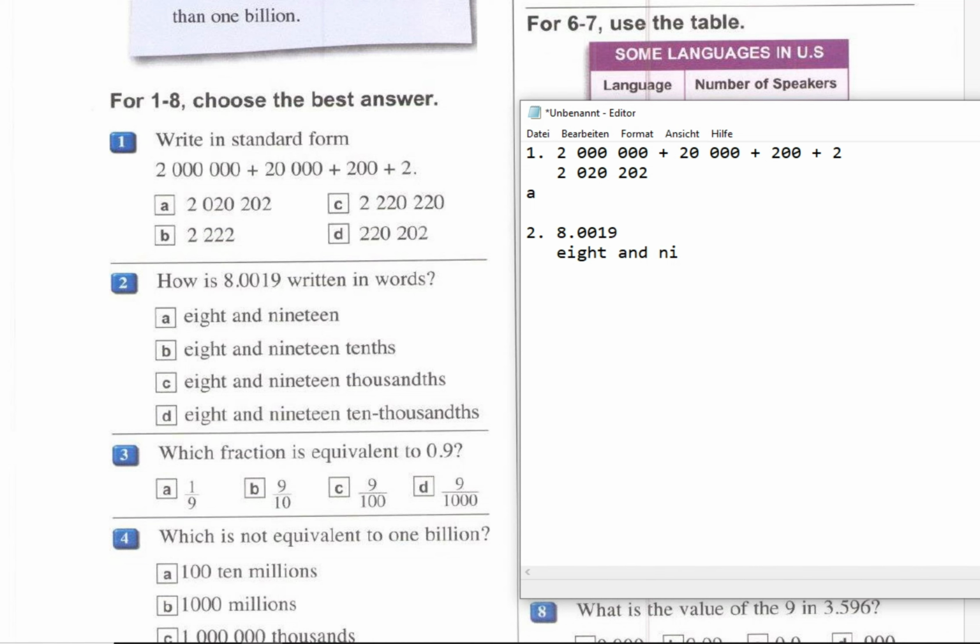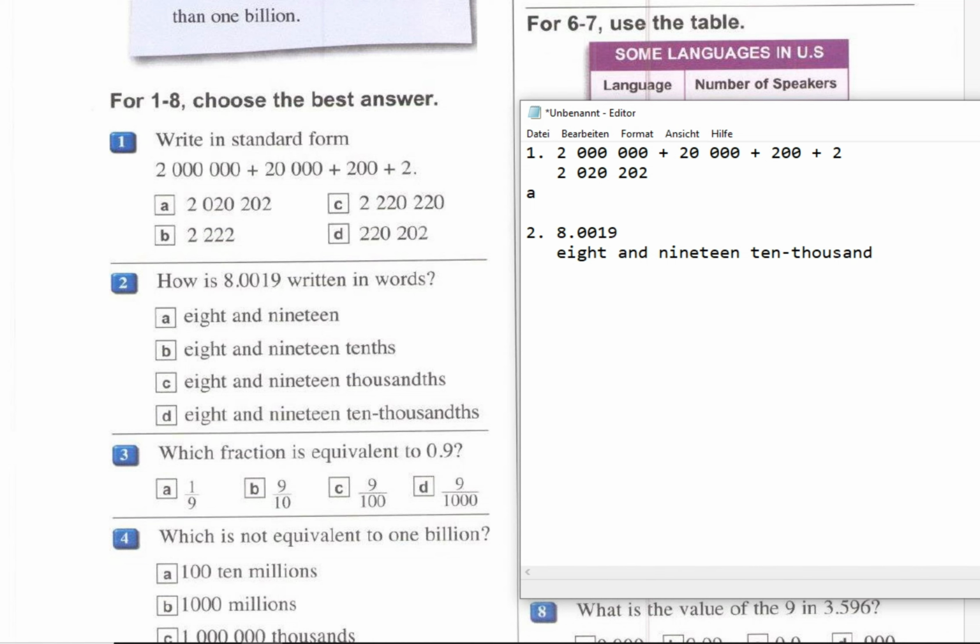No. 8 and 19 thousandths? No. 8 and 19 ten thousandths? Correct. Really correct? D. So we will write correct this number D. Letter D.